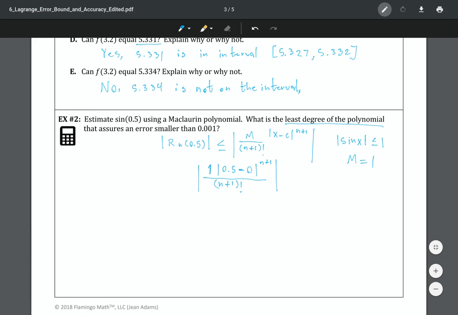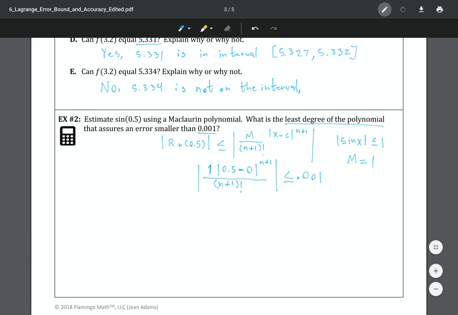Okay? So now what I'm trying to do here is I need this to have a smaller error. This needs to be smaller than this. All right, so I'm going to write it like this. Okay? So here's what I'm going to have to do.